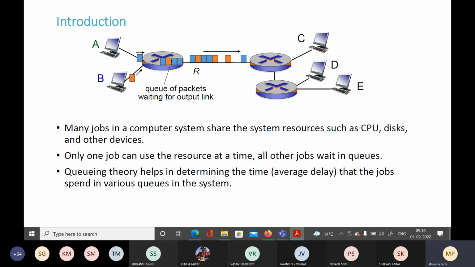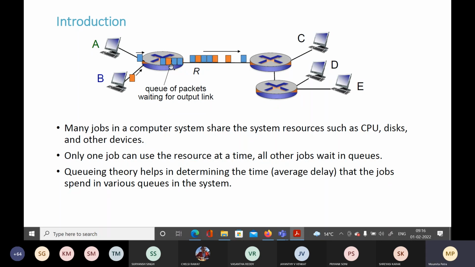Here is an example: suppose source A and source B are sending a lot of packets to a particular router, at a higher rate than the rate of the line card, R. In that case, the packets would get queued at the router.